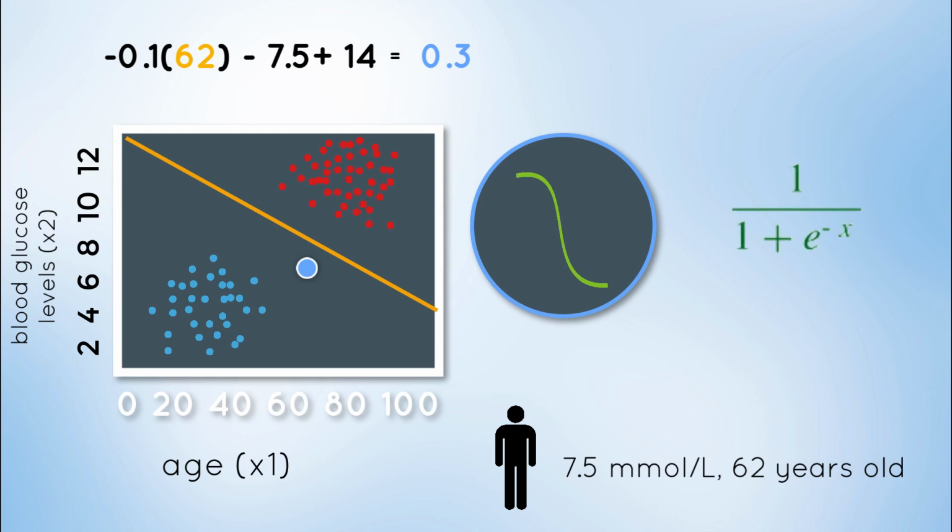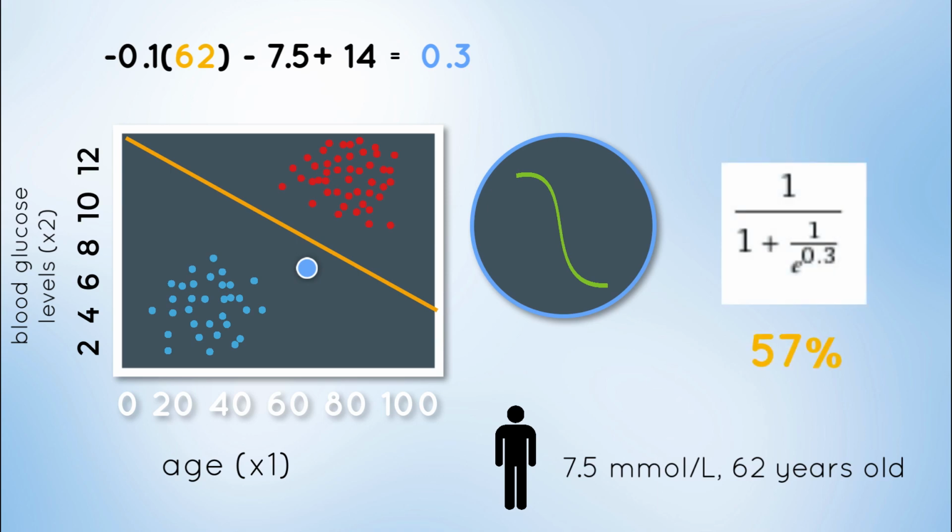the following equation. What that's going to do is take the value of our linear combination and sub it into the sigmoid function, which returns a value of 0.57, which means that according to our model, this person who's 62 years old with blood sugar of 7.5 millimoles per liter is 57% likely to be healthy, to not be diabetic.